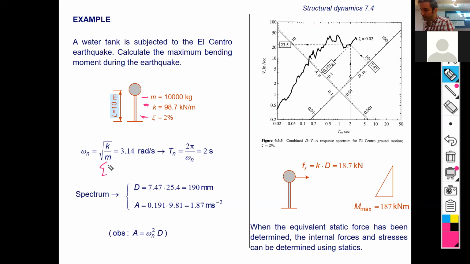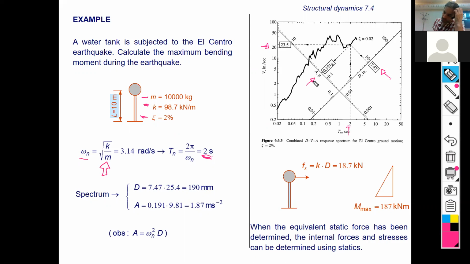With the mass and stiffness, we can calculate the natural frequency, and from the natural frequency, we can easily obtain the natural period of vibration. And once I have that period of vibration, I can input it in my design spectrum and obtain the different values for the velocities, the displacement, and the accelerations.